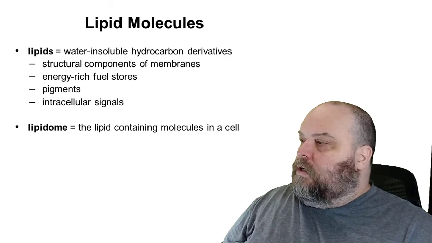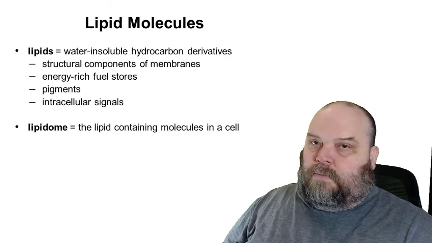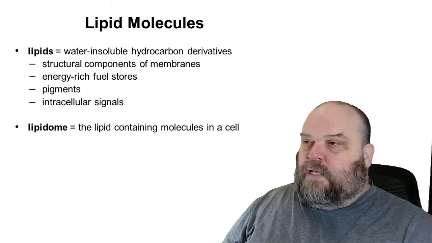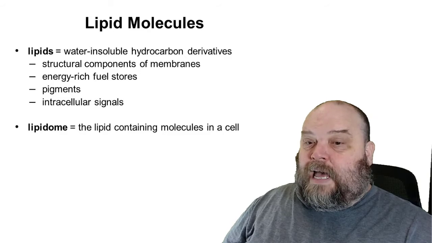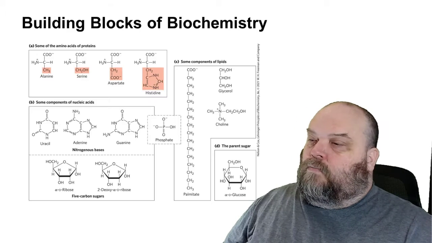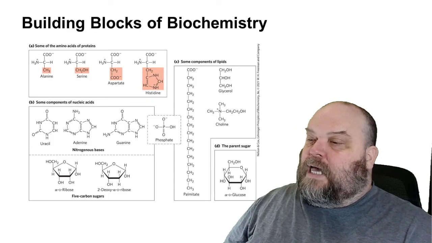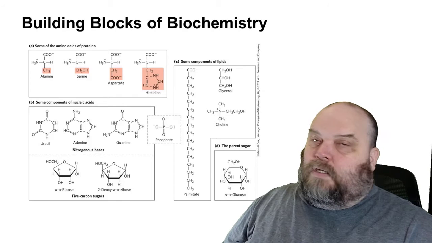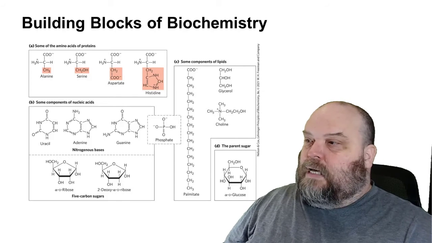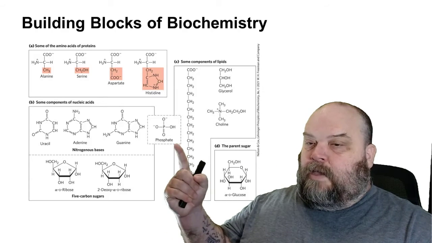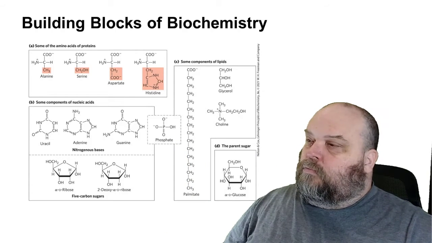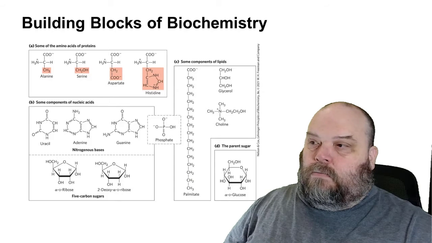So when you start looking at the lipids, membranes, lipids, a lot of ways to store energy, the fats, lipids. When you look at all of these, keep in mind, if you look up here at A, the amino acids.